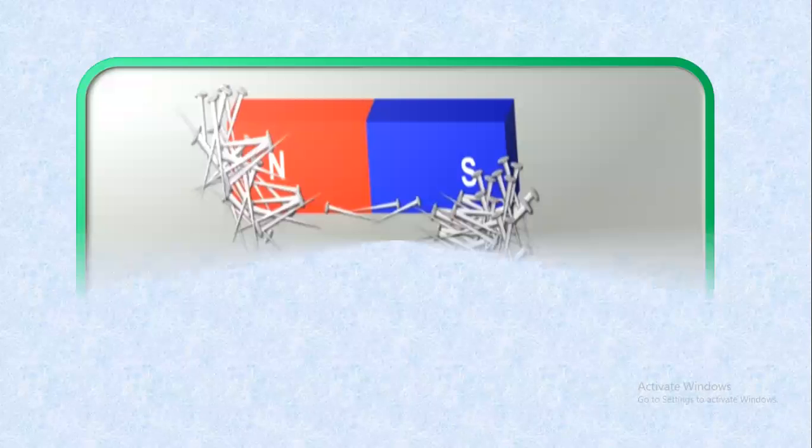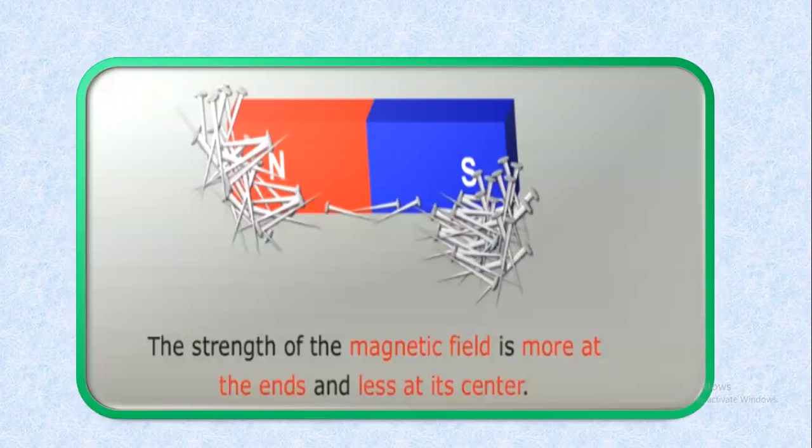Now we are at the end of this slide. Strength of magnet. The strength of the magnetic field is more at the ends and less at the center. Yes, I have shown you this practically also.